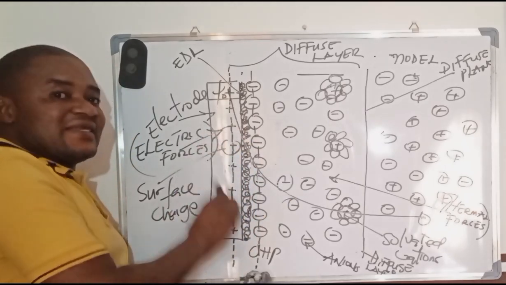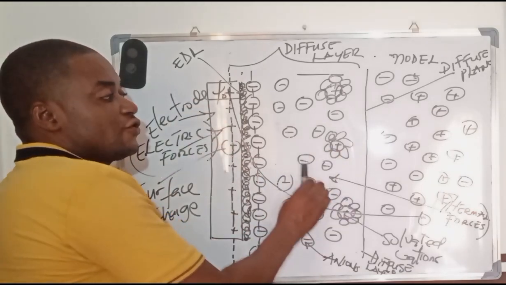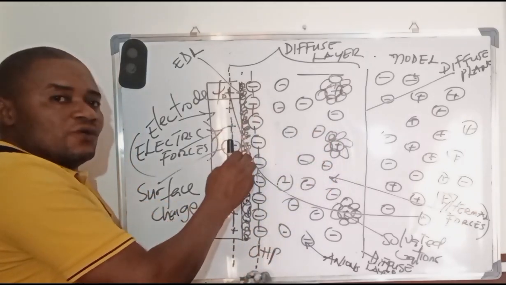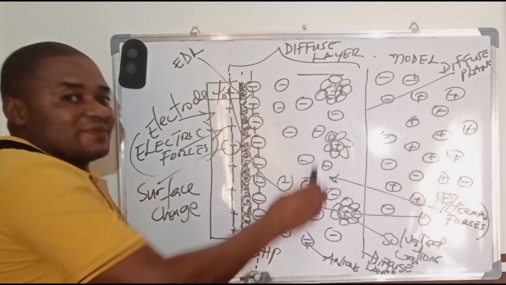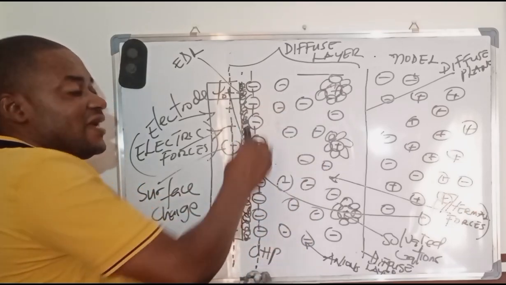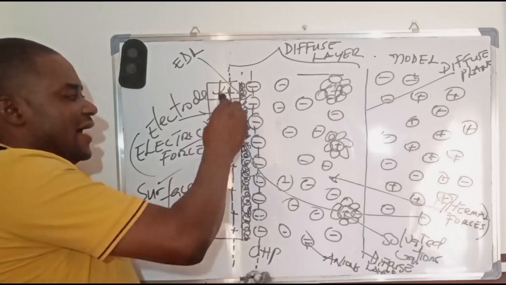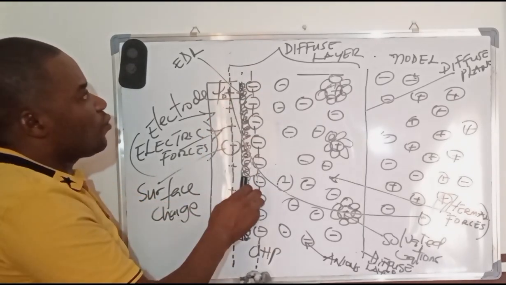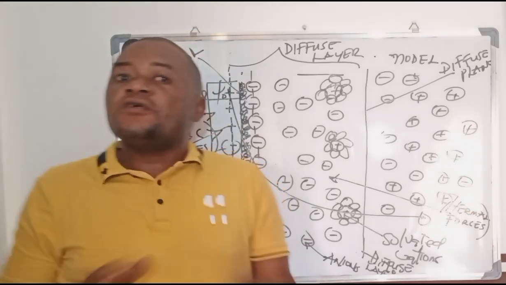For it to remain in its balanced state, like equilibrium, there must be a continuous diffusion of the counterions gradually to the outer Helmholtz plane to make up for the ones that have been lost. In that way, there exists an equilibrium or a balance between the counterions and the surface ions or charges, thereby maintaining what? The electrical double layer for the electrolysis process to continue normally.